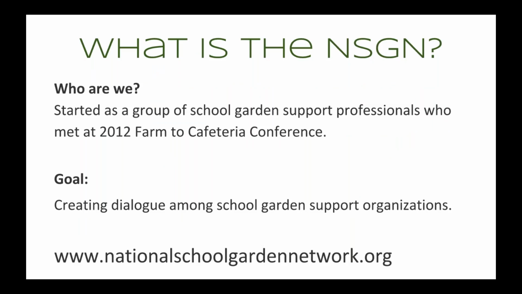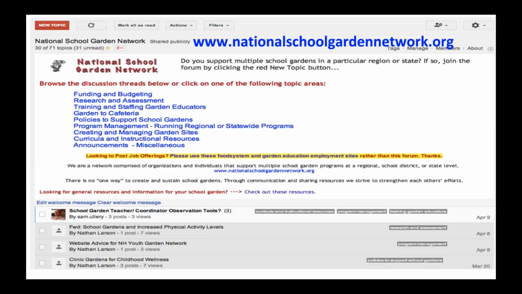So what is the National School Garden Network? One thing we've done together is create a forum. Let's go over to the forum right here. We've created a forum with a couple of different things on it. You'll see different links here in blue. We can click on these links, and it takes you to a whole different website that shows you webinars, resources, discussion threads, things like that. It's really neat.